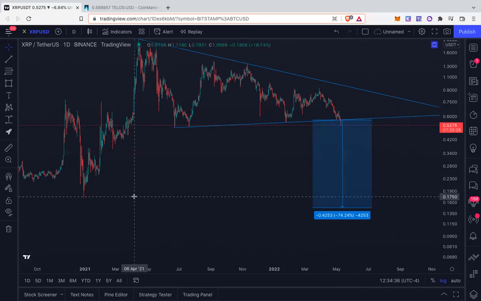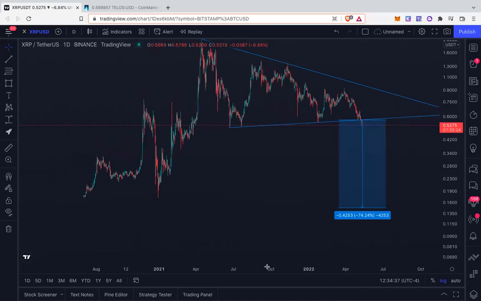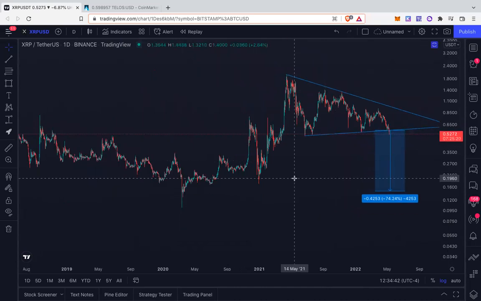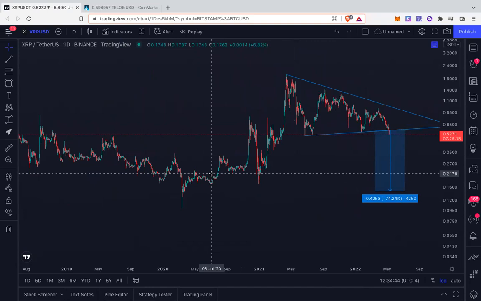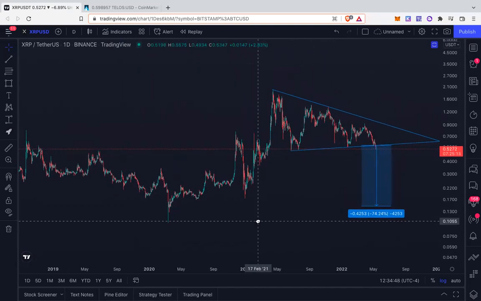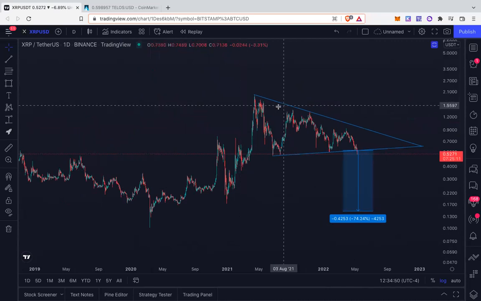Really down to areas that you don't expect to go to, but this is a bear market. There is some liquidity with XRP, but the macro is bearish.